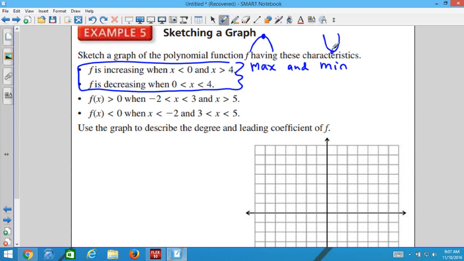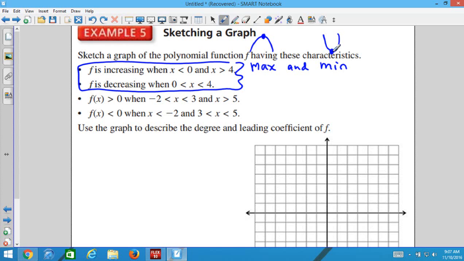Where it has a bottom point. Right. So this is going to have 2 of them. Can it have 2 maxes? Not if it only has 2. If it only has 2, it can't have 2 of the same thing. So we know it's going to be one of each.